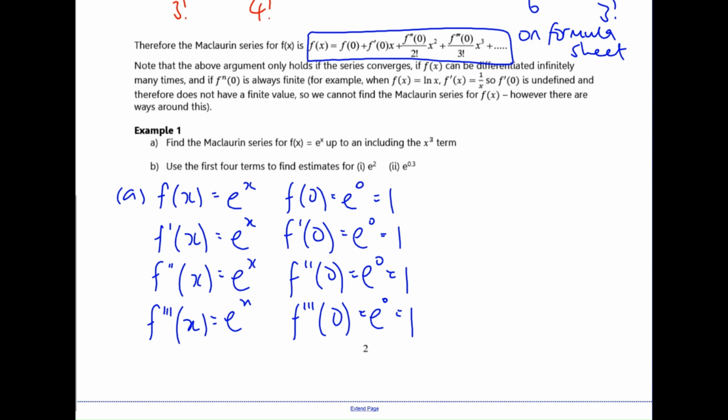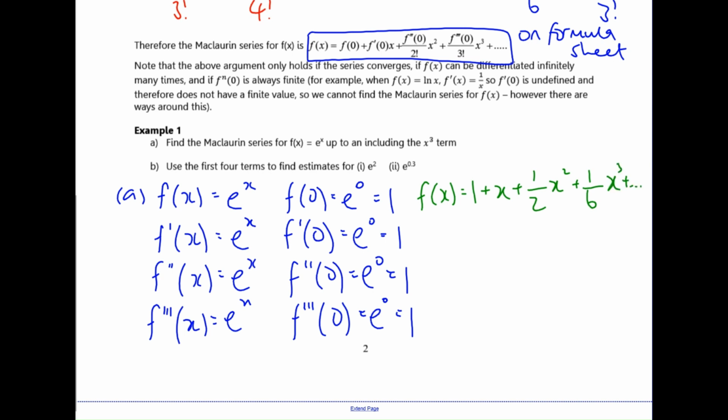If I substitute this into the Maclaurin series formula, f of x is equal to f of 0, which is 1, plus f dash of 0 times x, which is x, plus f double dash of 0 over 2 factorial x squared, so that's half x squared, plus f triple dash of 0 over 3 factorial, which is 1 over 6, x cubed, and so on.